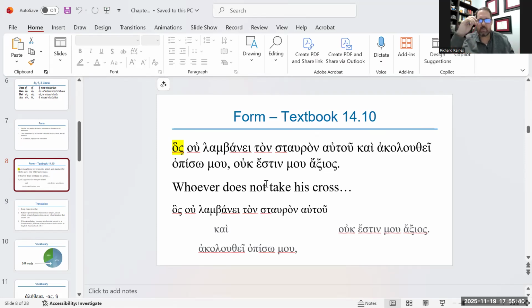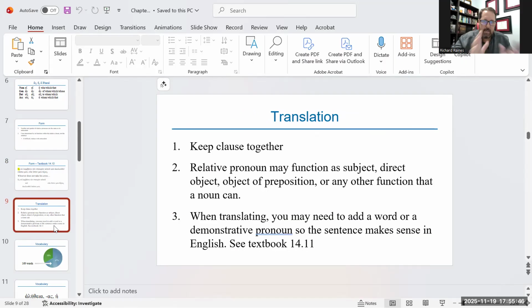I think I'm going to do that in the next couple of days so that you can have that. But when you're translating, you want to make sure that you're keeping clauses together, that you're keeping relative clauses together, you're keeping prepositional phrases together, you're keeping verbs and direct objects together, right? So you want to keep phrases together.